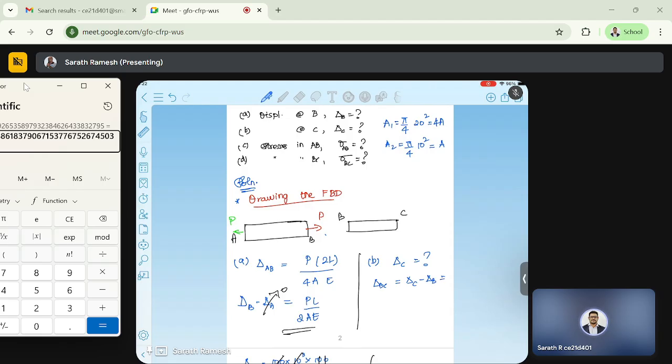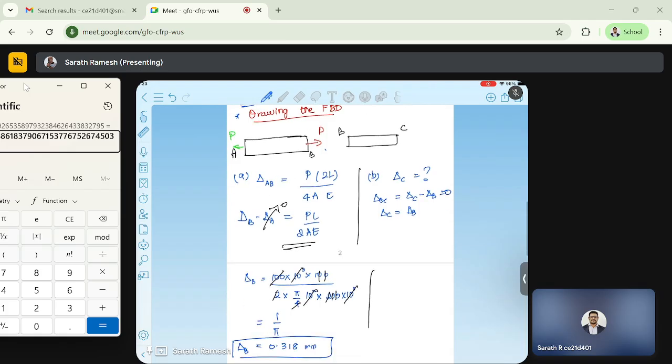But delta BC here is 0. So delta C must be equal to delta B, because there is no force, and the portion BC is going to remain as it is without any deformation. Of course, it's going to have a rigid body translation because of the displacement at B, but there is no internal deformation. So delta C is nothing but 0.318 mm. Okay, that's it.